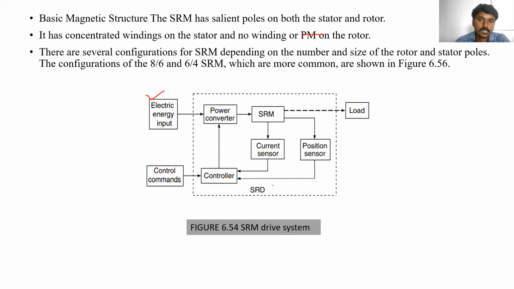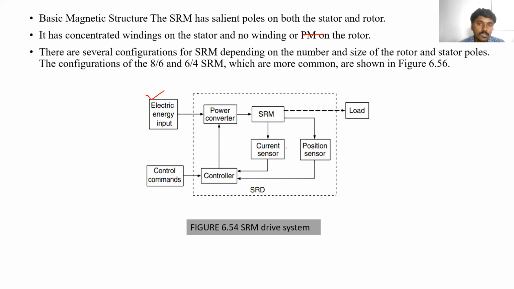We are using current sensors, position sensors, and also voltage sensors. The current sensors and the position sensor of the rotor circuit give signals about how much current is flowing through the motor, and how much voltage is generated by the motor or how much voltage the motor is getting.